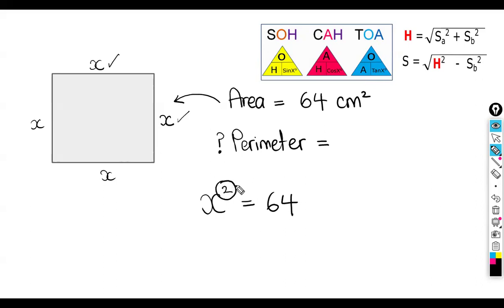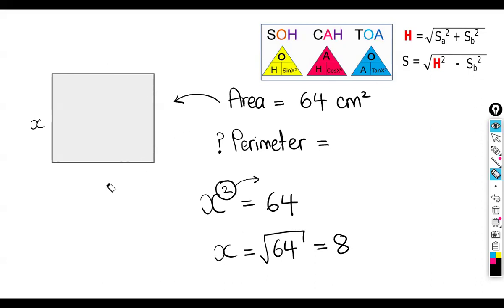What squared will give you 64? You can even use algebra for this. You could throw across the squared, as I showed you all a couple of weeks ago. When you throw across something across an equal sign, it becomes the opposite. So when you throw across a squared you'll get square root. How much is the square root of 64? 8. So that means each side of this square is 8 centimeters.